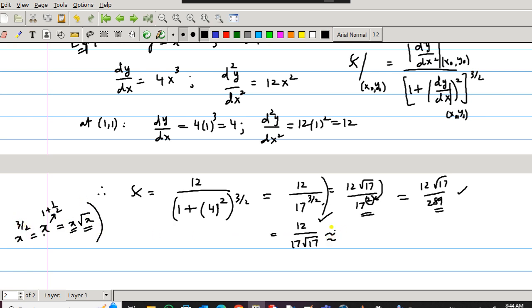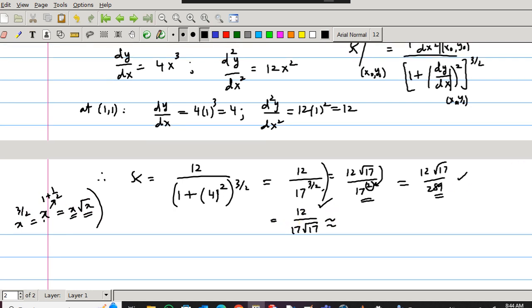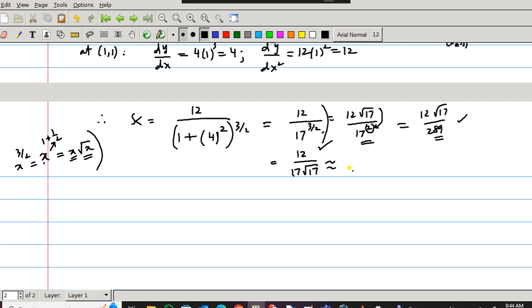If you use the calculator again and want to write the answer in decimals, you can write 17 divided by 17 into square root of 17, which is 0.2425.